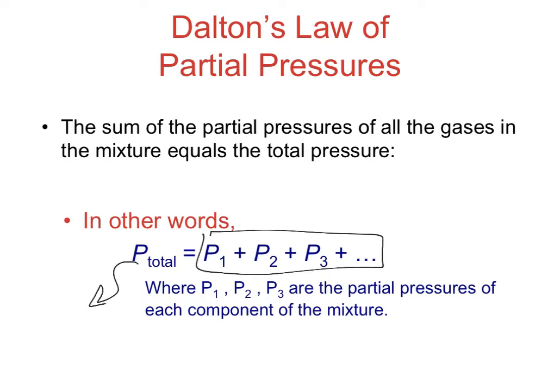The total pressure in most of the problems we'll be working on is simply atmospheric pressure. Okay, so if you're doing an experiment out in the open, like not in a sealed container or something, then atmospheric pressure is total pressure.